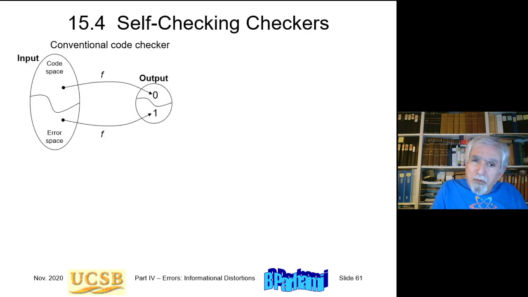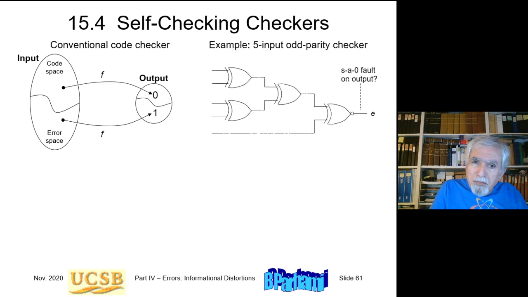Now, as I mentioned before, self-checking checkers have to have at least two outputs. A regular checker has just a single bit output, 0 meaning okay, 1 meaning not okay. But as I mentioned, if that output is stuck at 0, then we are in trouble. So this is a regular checker for an odd parity check code.